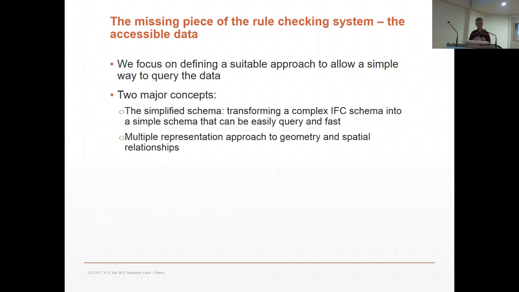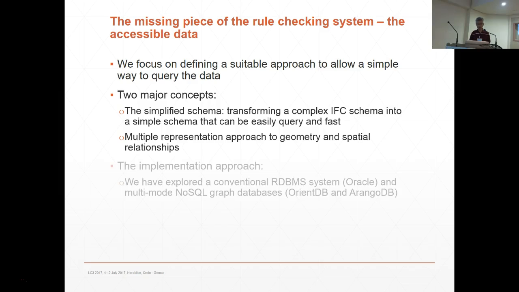And then we introduce the geometry. The tricky part when we deal with geometry is how you query it. It's always difficult because geometry itself is complex. So what we try to do here is to use multiple representations. It's kind of making the geometry inside out. You will see that a little bit more later.